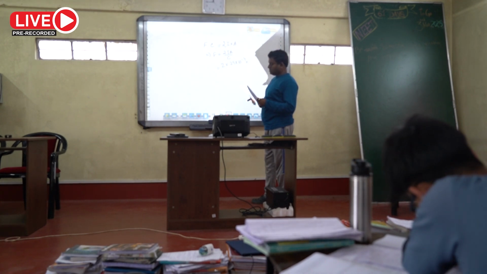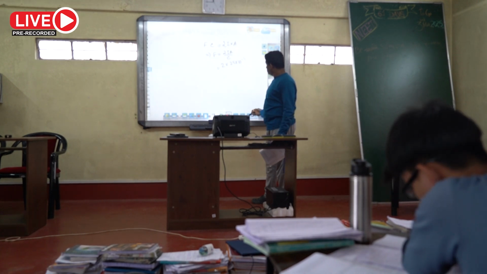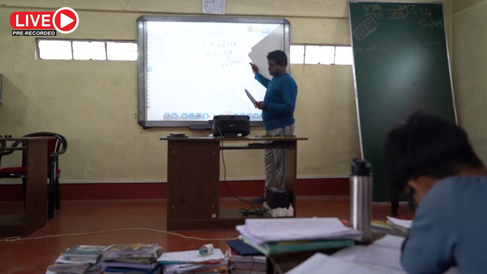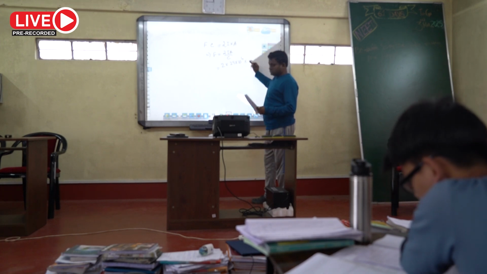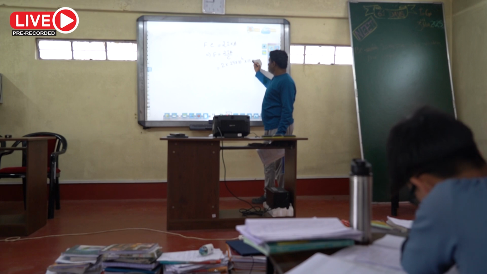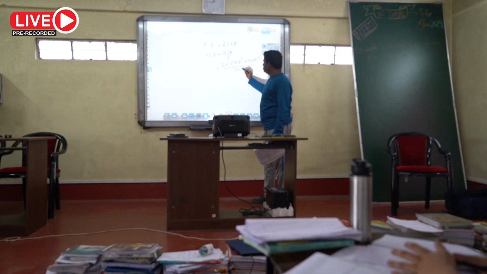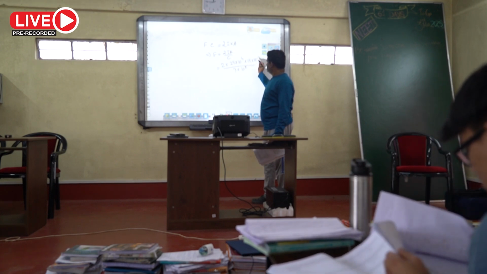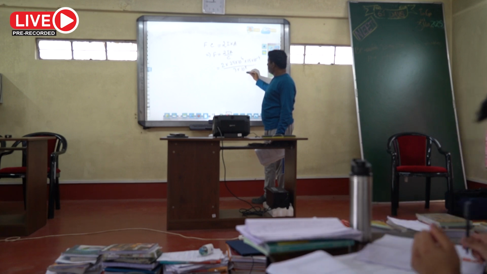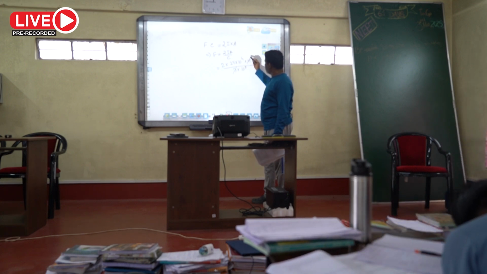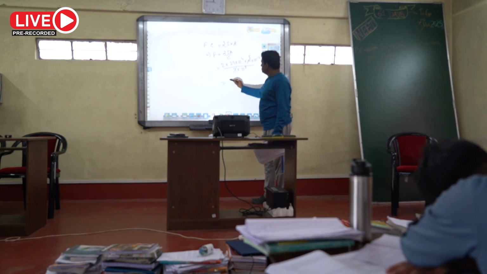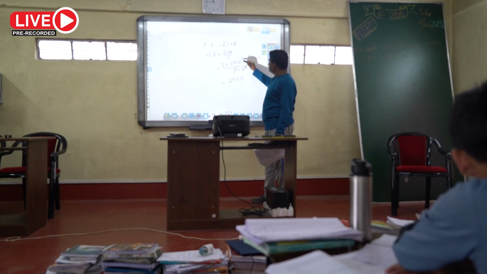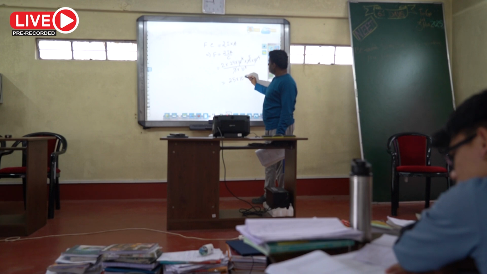Into area, 25 into 10 to the power 4, into area, which is given as 15 centimeter square, means 15 into 10 to the power minus 4, divided by c, means 3 into 10 to the power 8. 10 to the power 4 minus 4, these two cancel, so it will be 10 by 10 to the power 8, means 10 to the power minus 7.